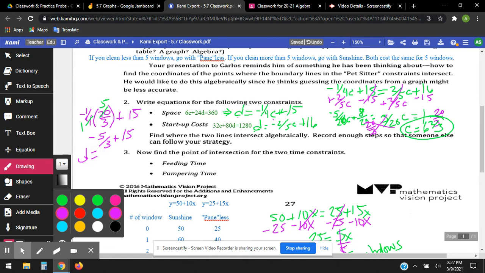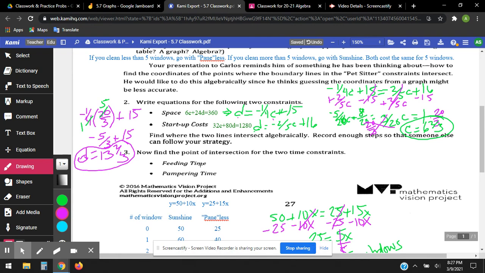So d equals 13 1/3. Not really great numbers, but that's where they intersect. Whether it makes sense or not in this case, that's where they cross.